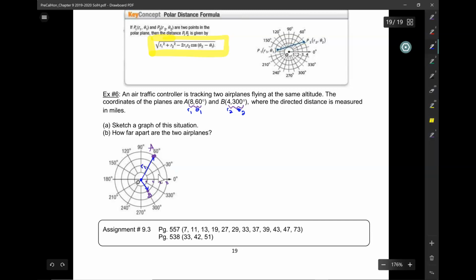All right, so let's find the distance between them. The distance is the square root of 8 squared plus 4 squared minus 2 times 8 times 4 times cosine of theta 2, 300, minus theta 1, 60.